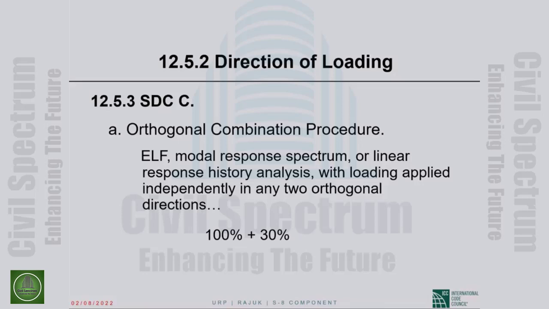So let us say a column of the building has to be designed for 100% of the effect of the X earthquake plus 30% of the effect of the Y earthquake, or 30% of the effect of the X earthquake and 100% of the effect of the Y earthquake, whichever is the worst of the two.